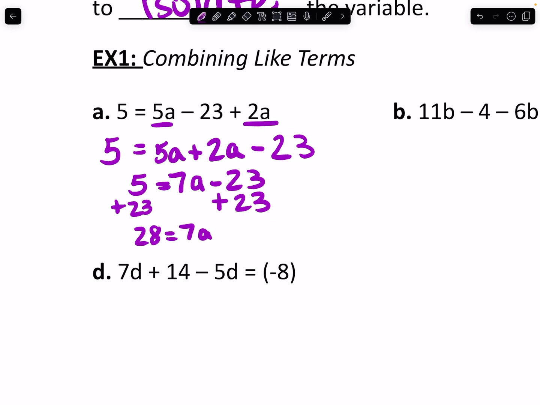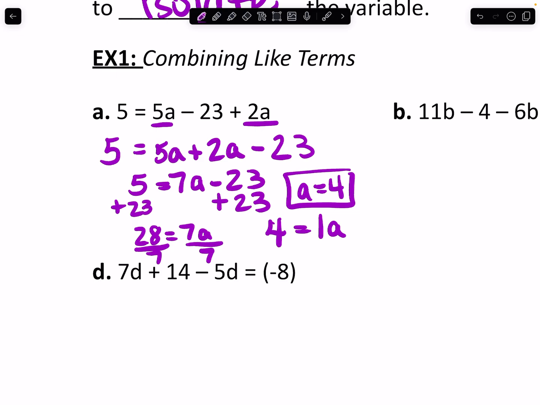Sometimes the book will say multiply by the reciprocal. I just say I'm using the inverse operation of dividing, because multiplying by the reciprocal is dividing. So 28 divided by 7 is 4. 7a divided by 7 is 1a. So our solution is a equals 4 to this equation.